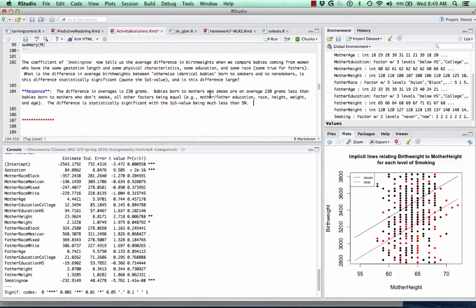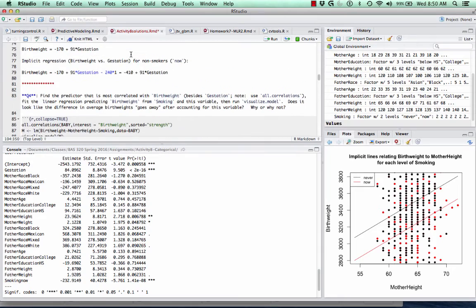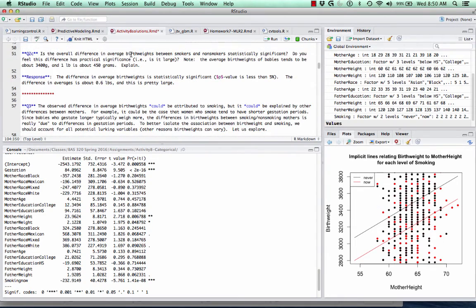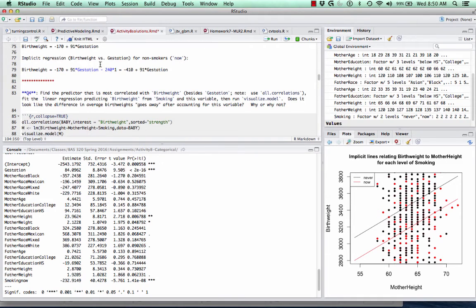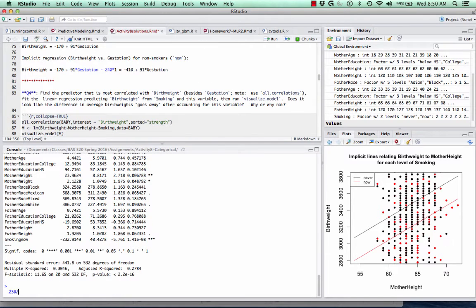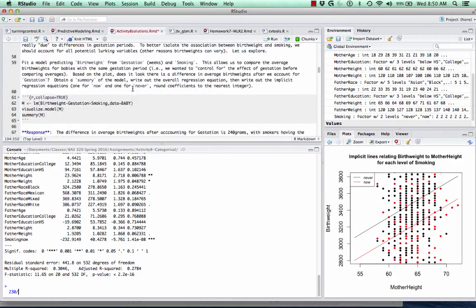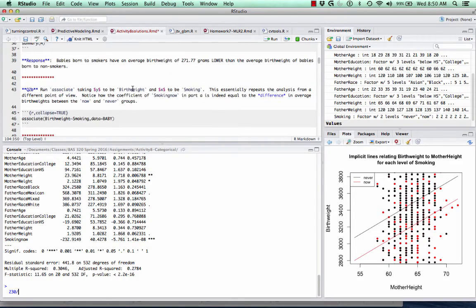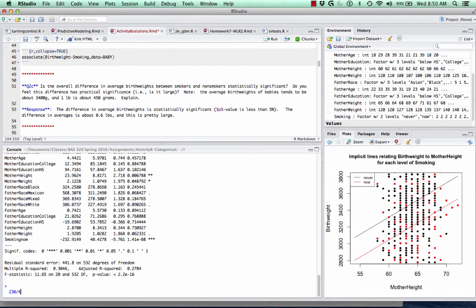Is this difference large? Does it have any practical importance? Yeah, it does. 230 grams is a pretty big deal. Remember, the number of grams in a pound was something like 450 grams, so we're talking about 230 out of 450.